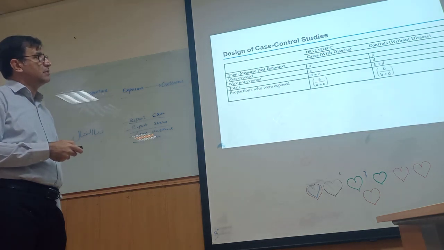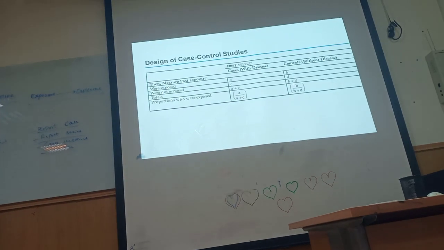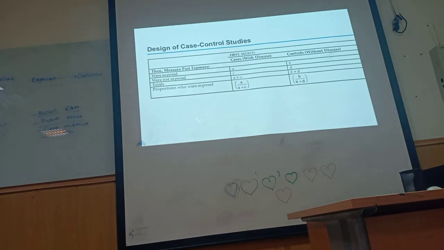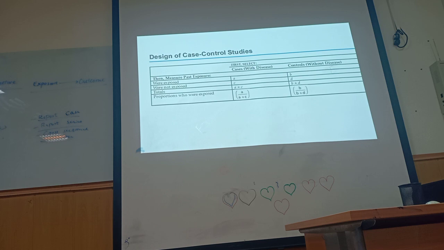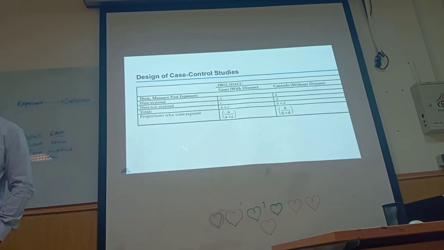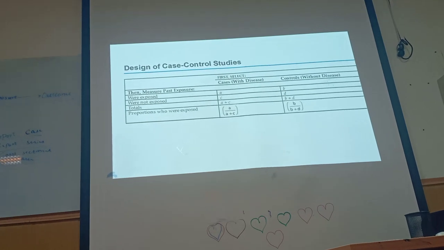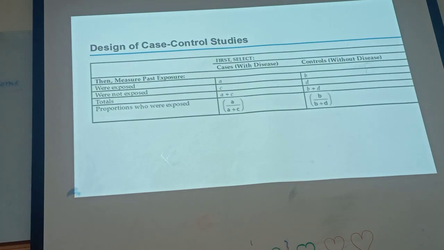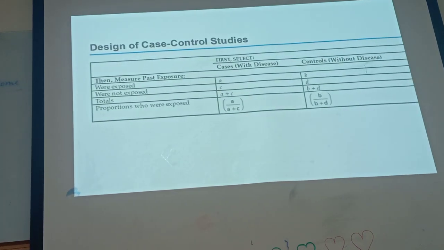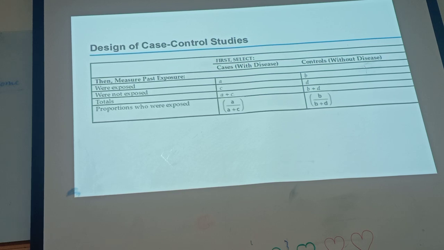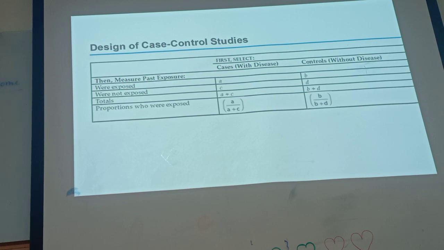A over A plus C, and B divided by B plus D. And what was the measure of association for case control studies? It was odds ratio. So how can we investigate if there is any association between the exposure and the outcome?